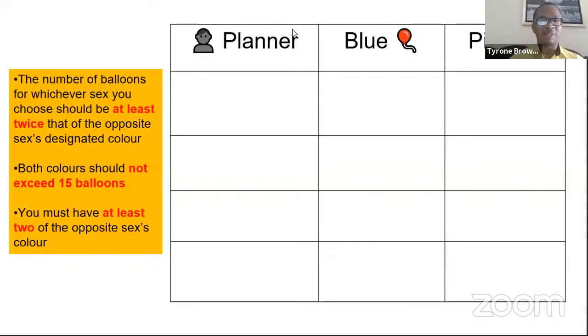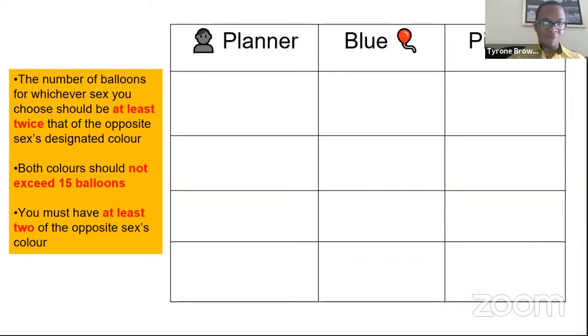Good. All right, we have 3 conditions to meet. We're planning for a boy party, so the amount of blue balloons must be at least twice the amount of pink balloons. That's our first condition.